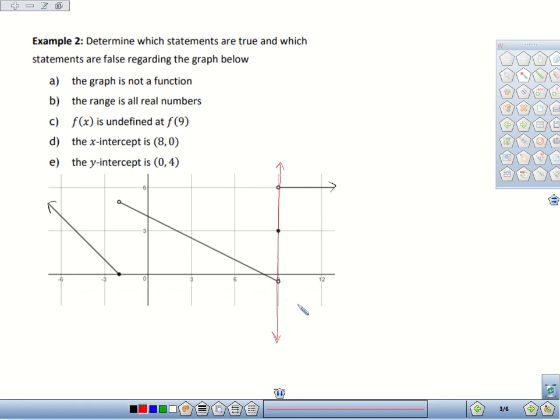But does it actually? No, it only hits how many? 1. You guys are smart. It actually is a function because it passes the vertical line test. When you go through an open circle, that doesn't count as hitting your graph. It's not actually hitting it.